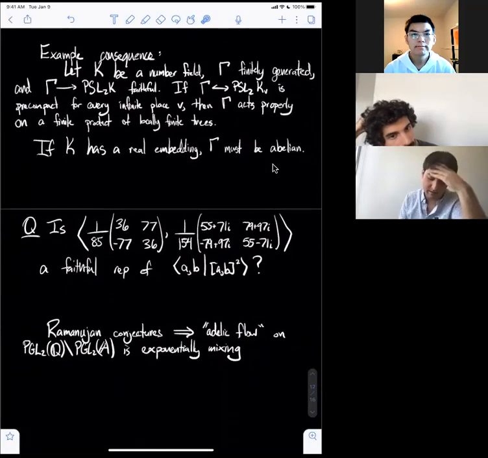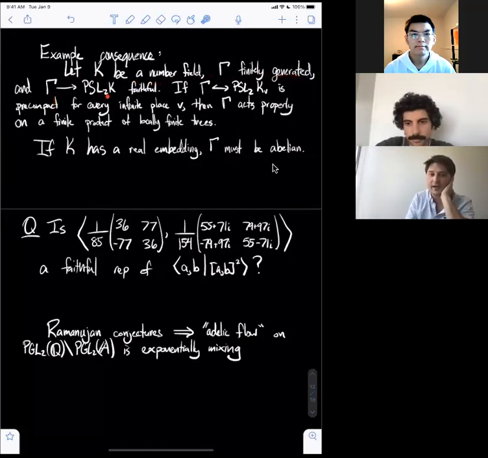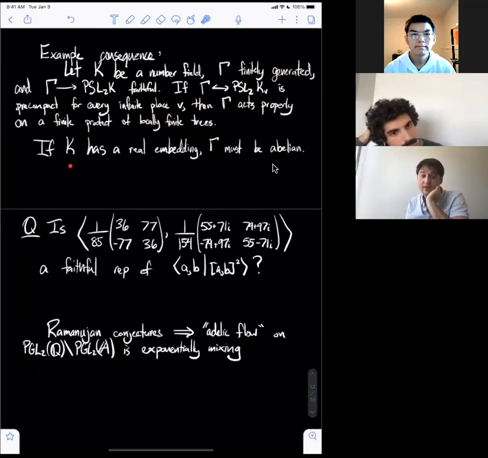Some example consequences: if we have a number field K and a finitely generated group with a faithful representation into PSL2 K, and it's pre-compact for every infinite place v, so at every real and complex embedding you're in an orthogonal or unitary group, then gamma is going to act properly on a finite product of locally finite trees. If K has a real embedding, then gamma embeds in SO2, and so it's going to be abelian. So this is more interesting when K is totally imaginary.